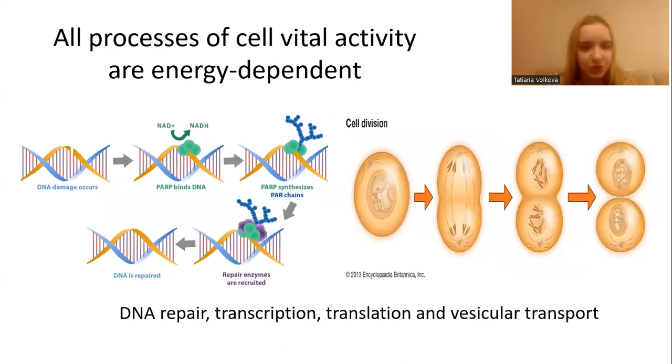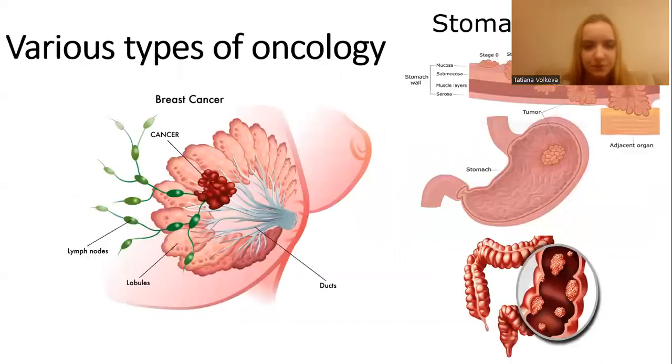Cells need energy to maintain homeostasis. All processes of cell vital activity, such as the creation of concentration gradients, cytoskeleton movement, DNA repair, transcription, translation, and vesicle transport, are energy dependent. It's known that the energy metabolism of normal cells differs significantly from the metabolism of cells in certain diseases.